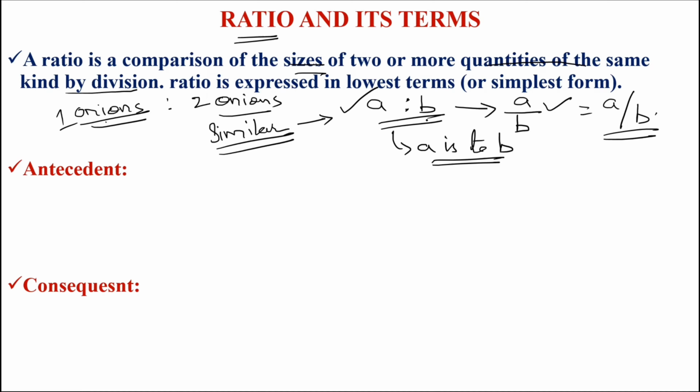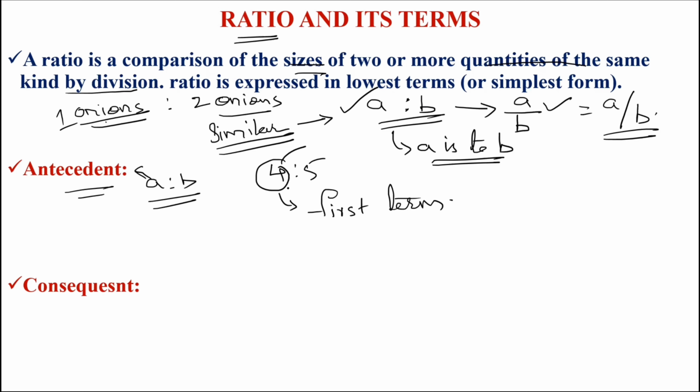If A is one quantity and B is another quantity, then A is to B is called a ratio, where A is called the antecedent. If you take 4 is to 5, then 4 is said to be the antecedent, or the first term.